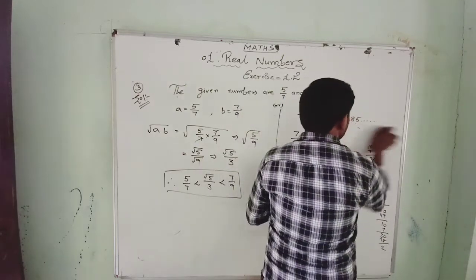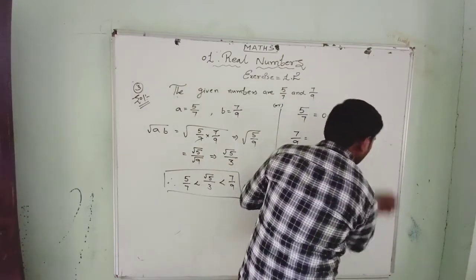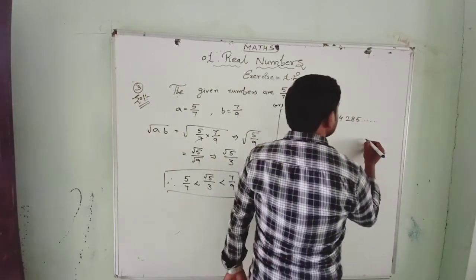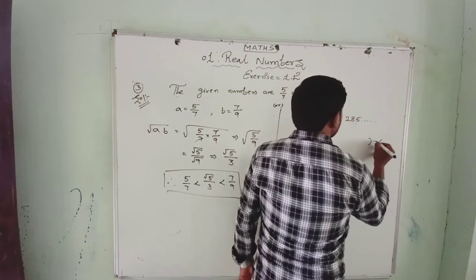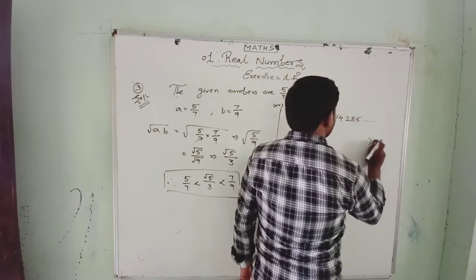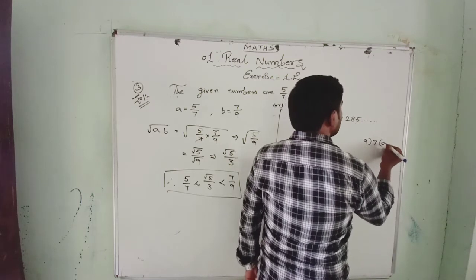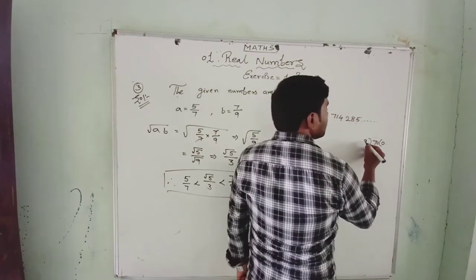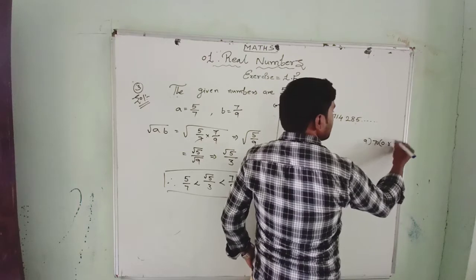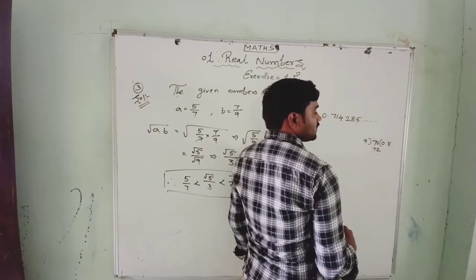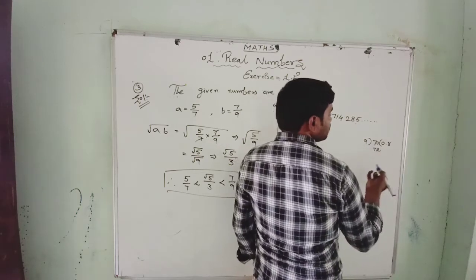Let me rub this now. Yes. Now let me write this: 7, I will divide by 9. 0.0 I can keep. 9 8s are 72, or 8 9s are 72.